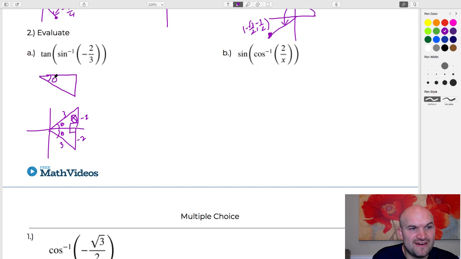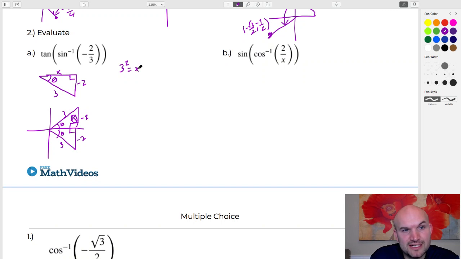And now we're not really finding theta in this case because we don't need to. It just says find the sine inverse of negative 2 over 3 and then take the tangent of that. So when I take the sine inverse, I'm able to create a triangle that has this information. If I need to take the tangent, that means I need to figure out the adjacent. Right now, I have enough information to figure out the adjacent side. I just need to use good old Pythagorean theorem, and let's call this x.